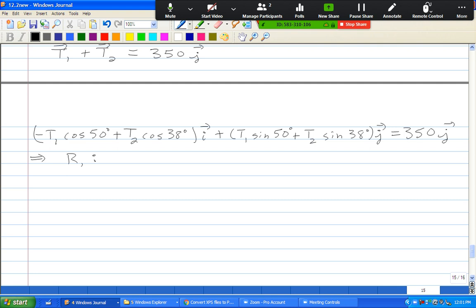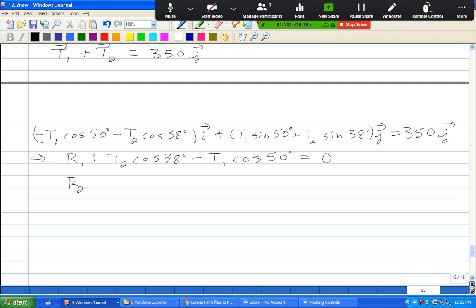So I have T2 cosine of 38 plus T1 cosine of 50 degrees. So the I component is 0. So that's the first one.